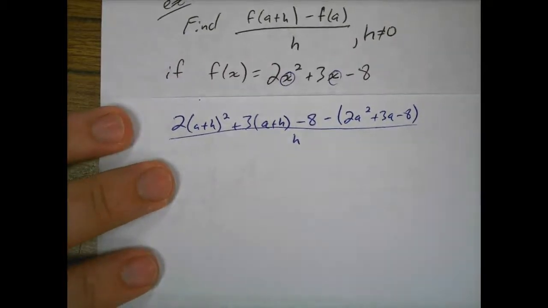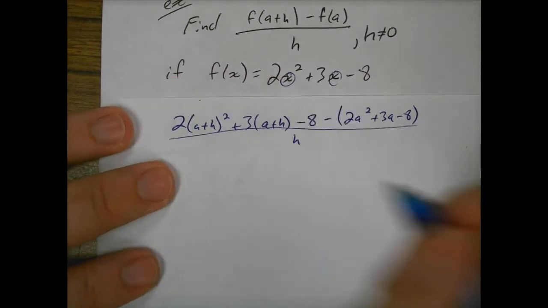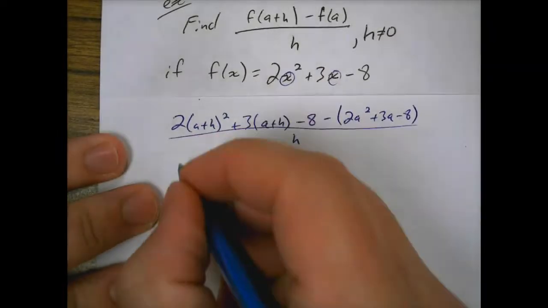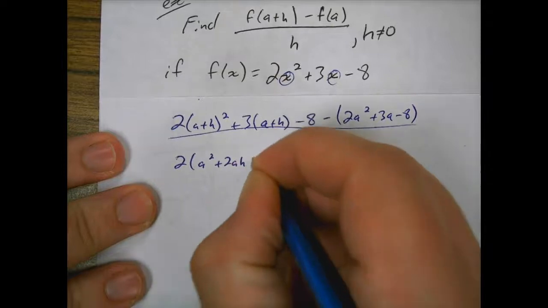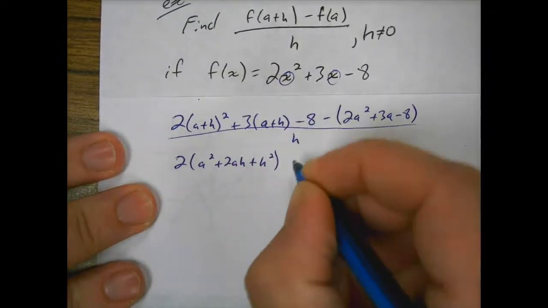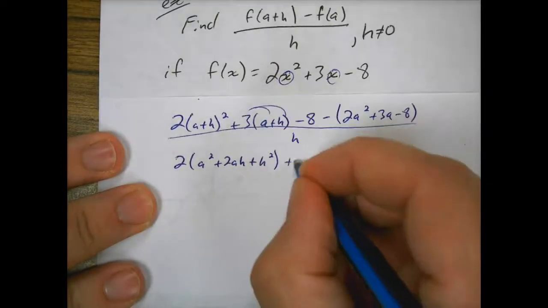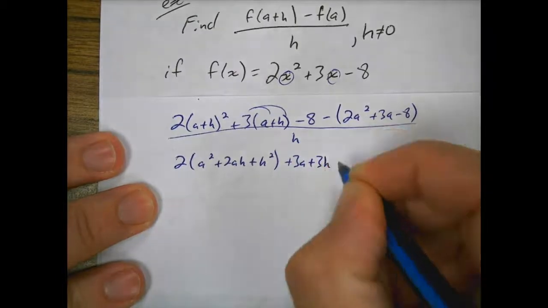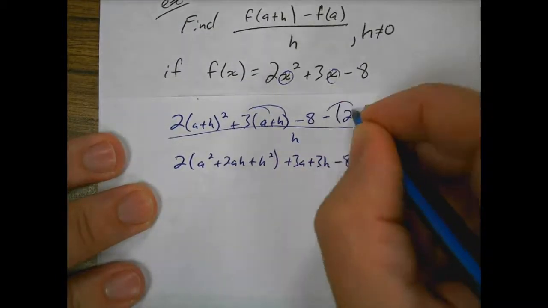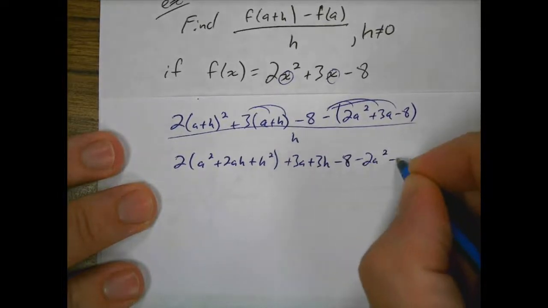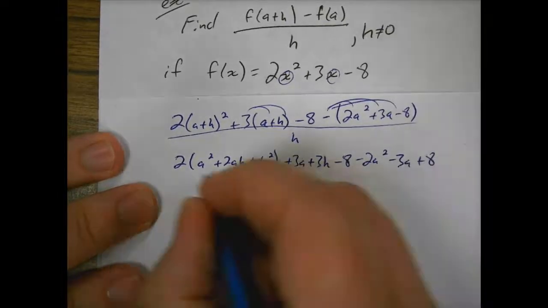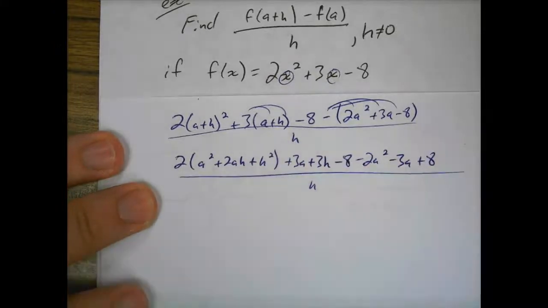So I still have 2 times a squared plus 2ah plus h squared. Then I can distribute this 3, so plus 3a plus 3h minus 8. Distribute your negative: minus 2a squared minus 3a plus 8. All of that divided by h.